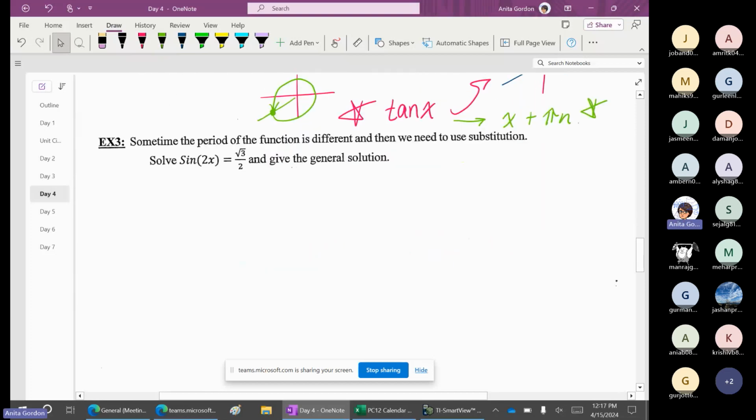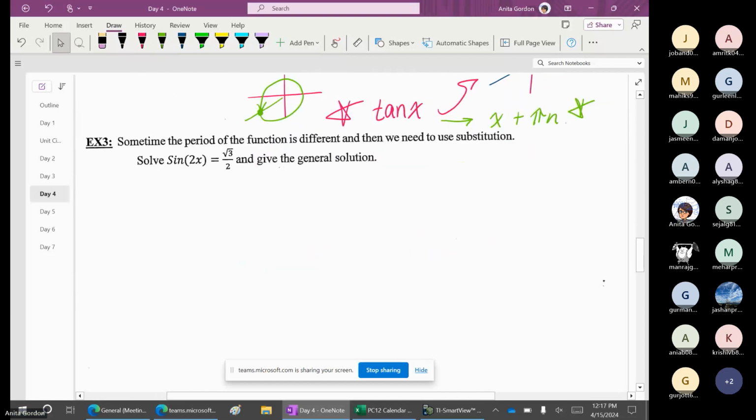Let's take a look at a more complex example. Here I have sine 2x equals root 3 over 2. Now I have a question where inside of the sine I have something I don't recognize, right? Because we have only been dealing with trig of one thing, such as theta.